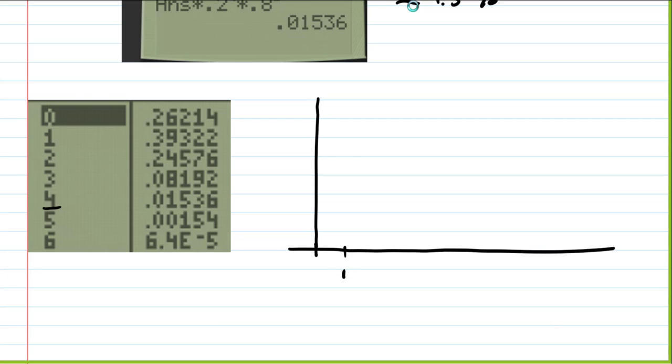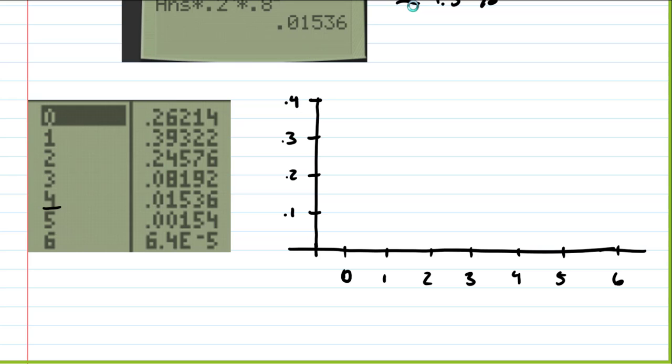So you have 0, 1, 2, 3, 4, 5, and 6. So let's go ahead and label this in 0.1, 0.2, 0.3, 0.4.